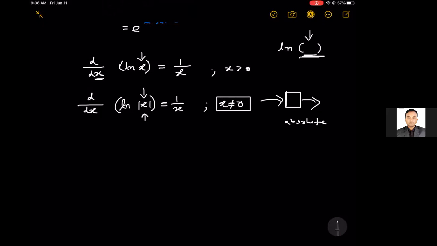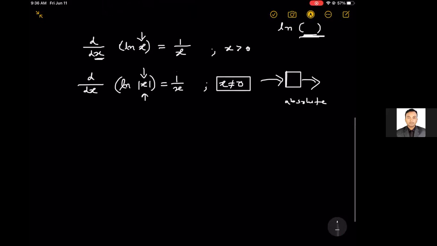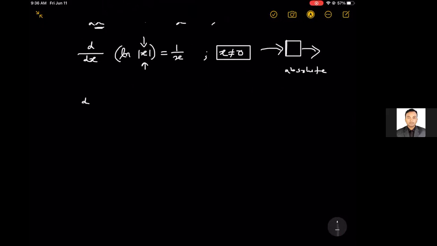Okay. Now, I want to use the chain rule and show you a smallish problem, and then I'll give you a chance to ask questions. So let's say I have natural log of g of x.